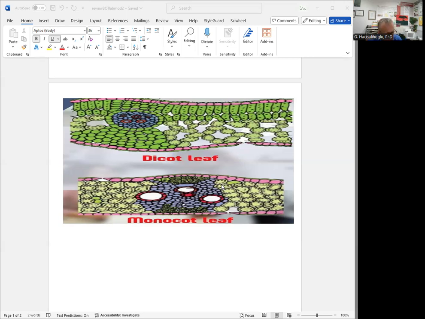Make sure you know leaf anatomy, leaf morphology, basic parts of a leaf, and whether the leaf is simple versus compound. If it is compound, is it pinnately or palmately, like palm trees for palmately, pinnately like pecans, good examples. And also one other leaf, which is pine needle, which is a modified leaf. Also make sure to review that.